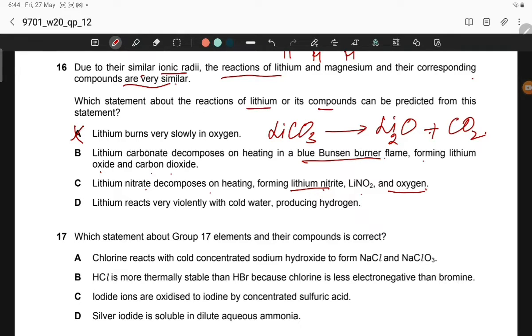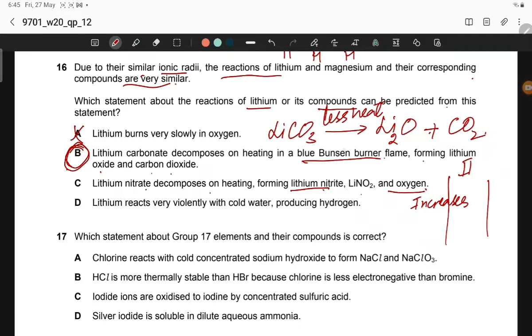About the reactions of lithium or its compounds that can be predicted from this statement: from the ionic radii, this must be correct because lithium has a smaller ionic radius than magnesium, so it decomposes into lithium oxide and carbon dioxide, and it requires less heat to decompose, because the stability of group 2 metal carbonates increases down the group.